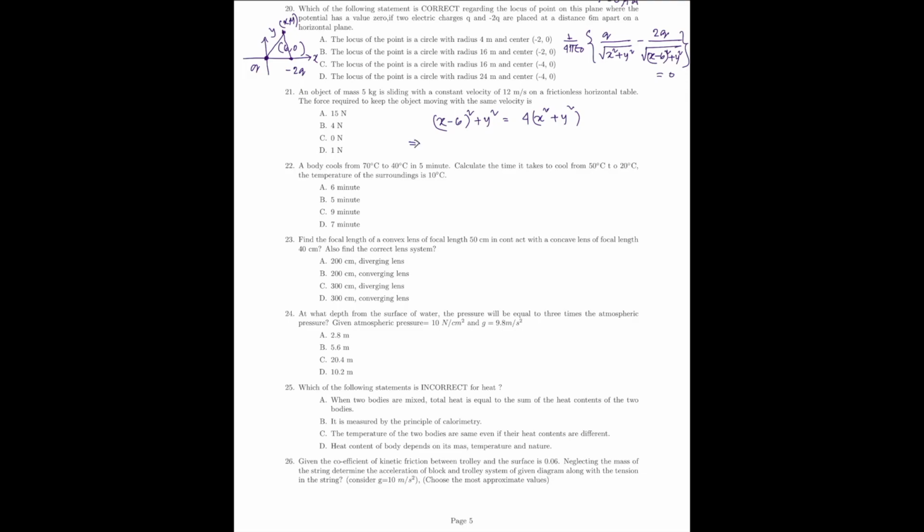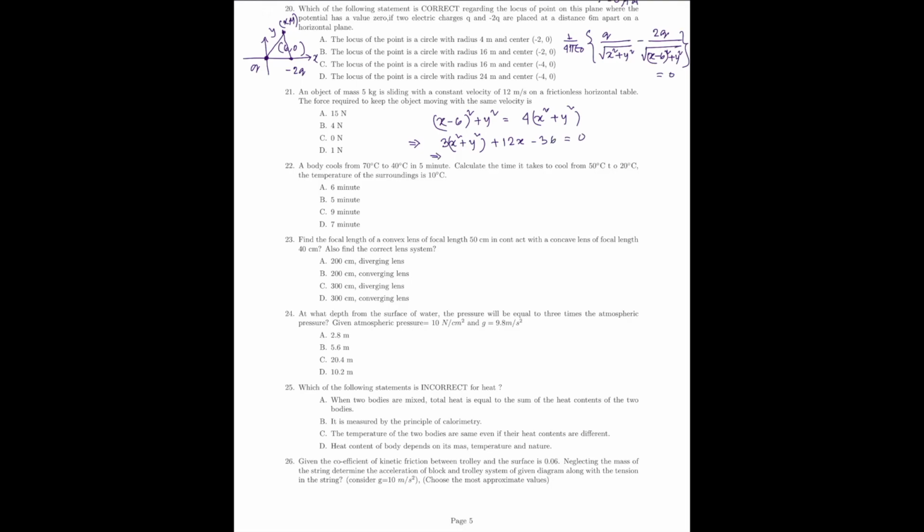So if you rearrange, one of the x squared and y squared will cancel with one of the x squared and y squared on the RHS. So we are taking everything to the right hand side, so you will get 3x squared plus 3y squared, and on the LHS you have a 12x with a minus sign. On the RHS it will be plus 12x and minus 36, that is equal to 0.